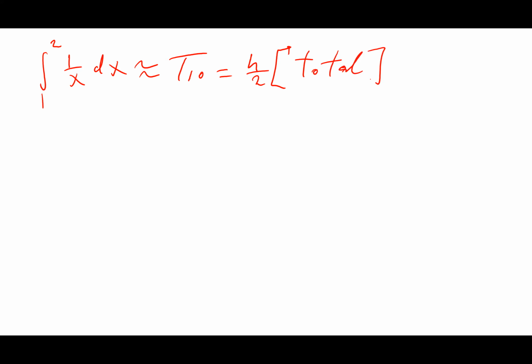Now the integration from 1 to 2 of the function 1 over x dx is approximated by T10, which is equal to h divided by 2 multiplied by the total, the one that we found in the last step. h is equal to 0.1, divided by 2, multiplied by 13.8754.